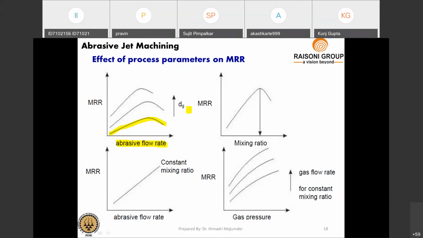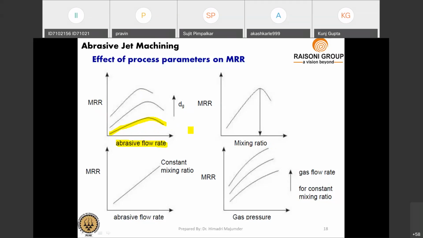Next, we will see the effect of mixing ratio. The next process parameter is mixing ratio. Mixing ratio means at what ratio we are mixing the abrasive particles with your carrier gas. Here also you may find the same type of phenomena.